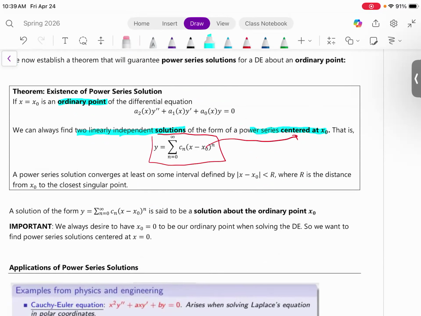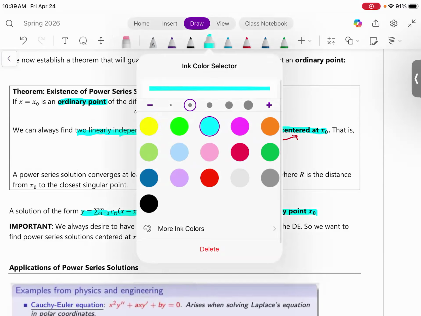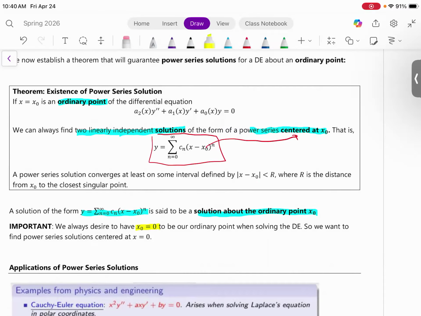Just to reiterate, a solution of the form the sum of c sub n times x minus x naught to the n, a power series, is said to be a solution about an ordinary point x naught. To make life a bit easier for us, we always desire the center to be x equals 0, because we want our power series solutions centered at x equals 0.